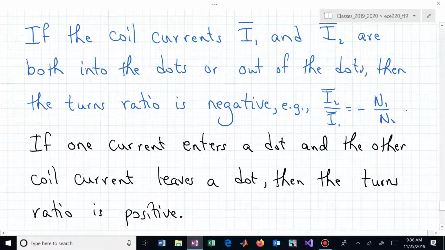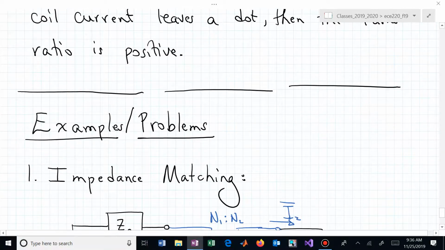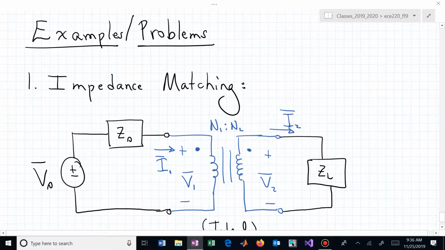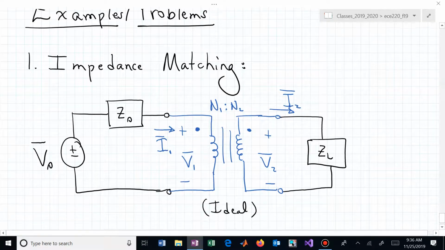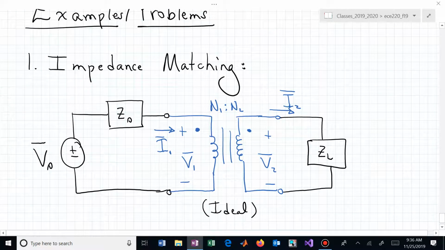All right, enough for all the terminology and the relationships. Let's try to work some problems. Let's do impedance matching. Suppose now we're given the following circuit.